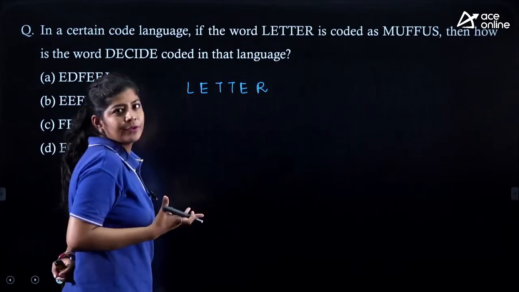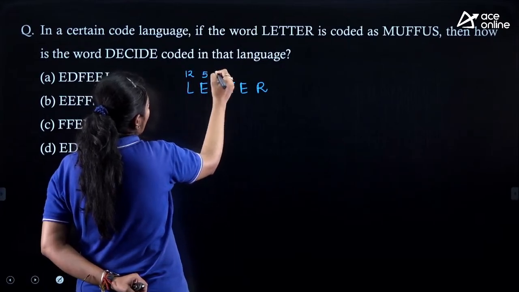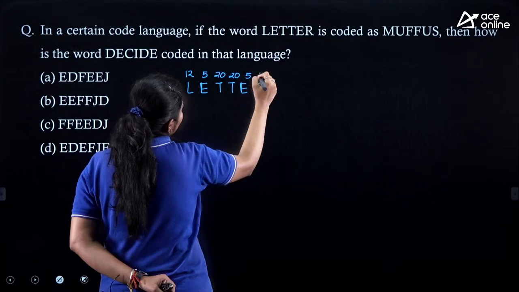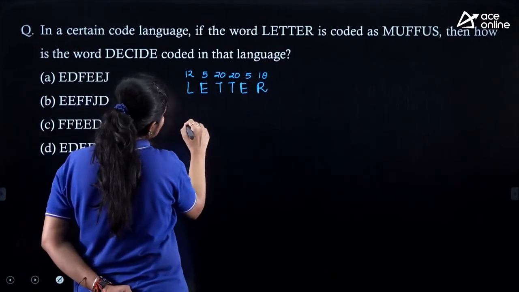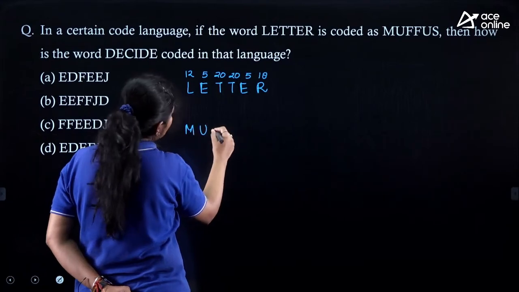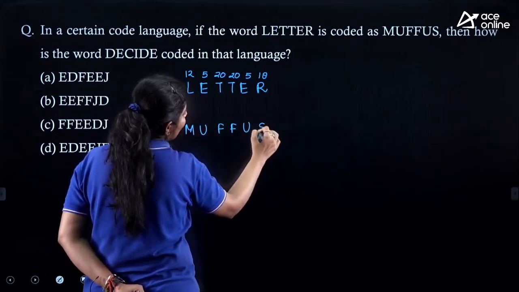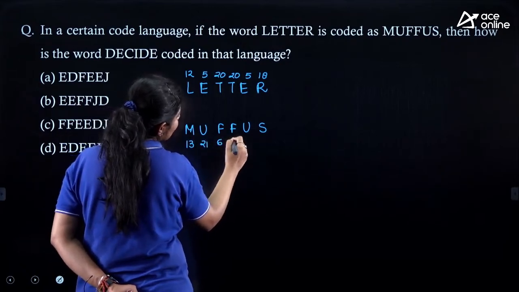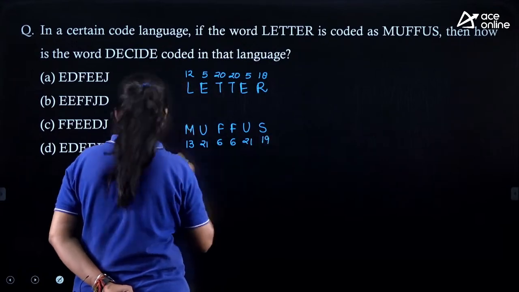Now I am just going to write down the associated numbers 12, 5, 20, 20, 5, 18, right? It is coded as M, U, F, F, U, S. Associated numbers are 13, 21, 6, 6, 21 and 19, right?